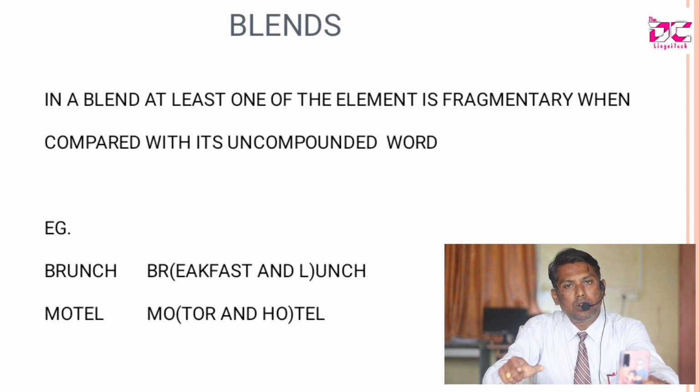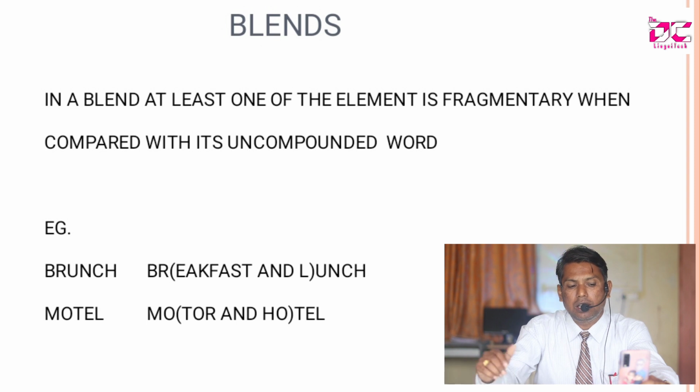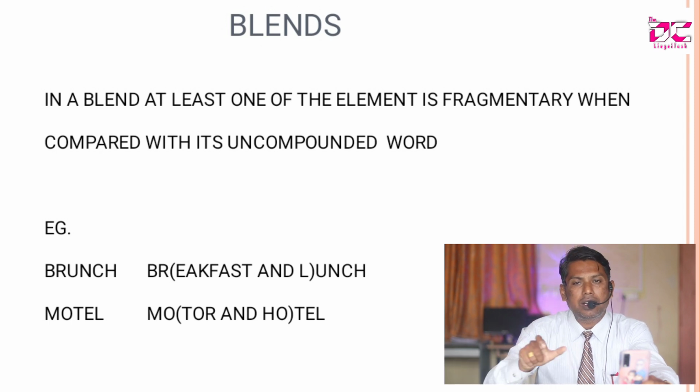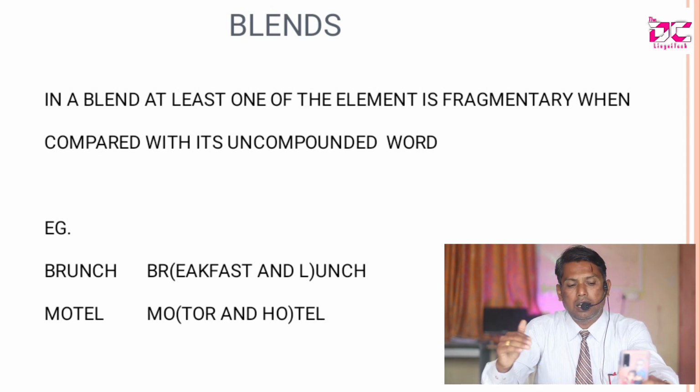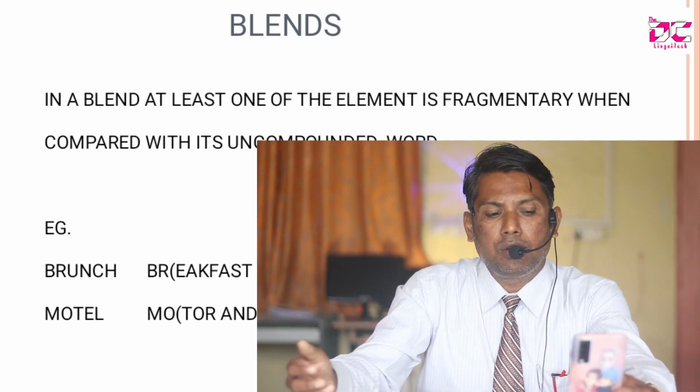We have taken mo from motor and tel from hotel. Or sometimes we say brunch, like breakfast and lunch. So we have taken BR from breakfast and UNCH from lunch. So it becomes brunch. We can create a number of words using this process.